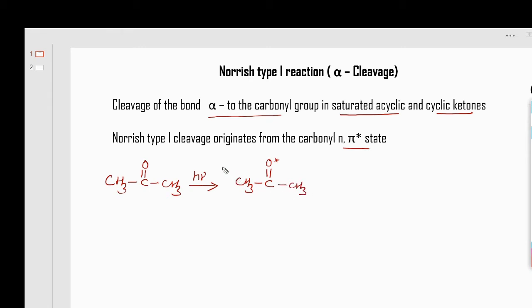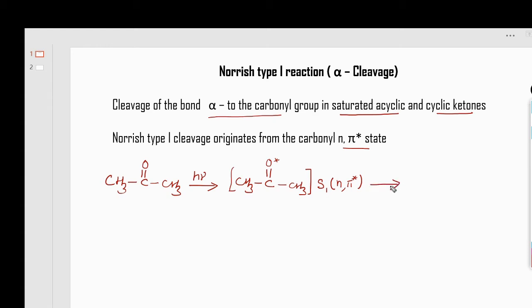You can put inside a bracket, and this is S1 state, which is n pi star state. So generally carbonyl compounds undergo n pi star transition. So this is singlet state.